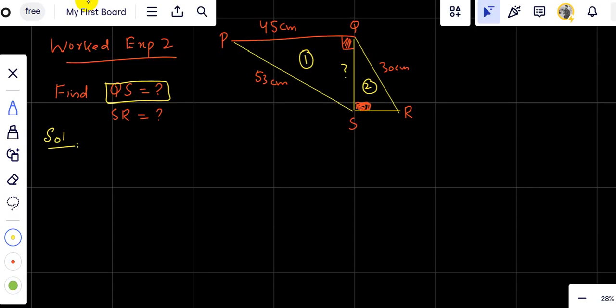So can you please guide me how to apply Pythagoras theorem on this triangle? Yeah, perfect. It's 53 square. One of the sides is 45, so you can write 45 square plus QS square.